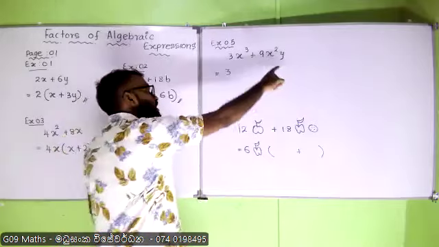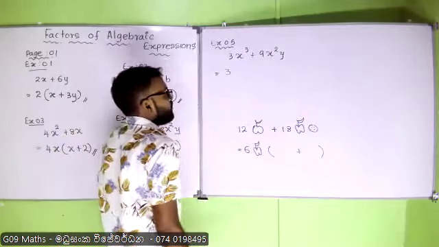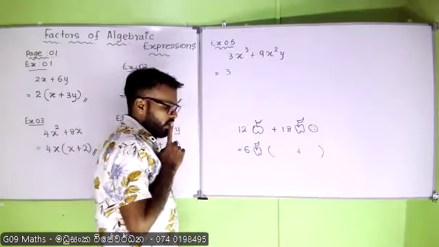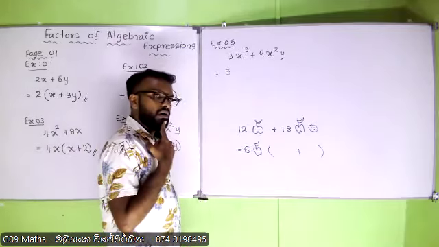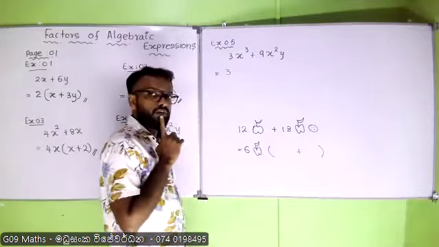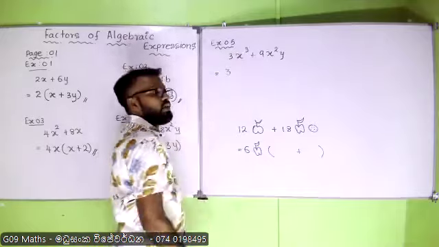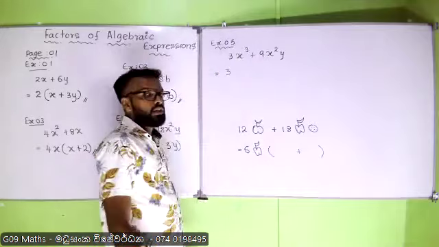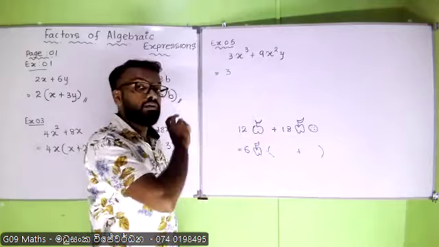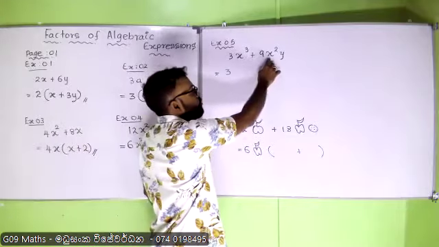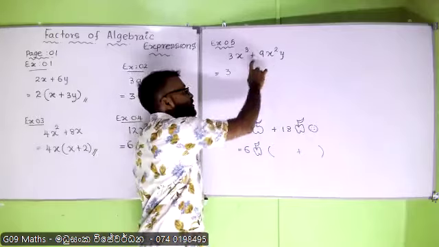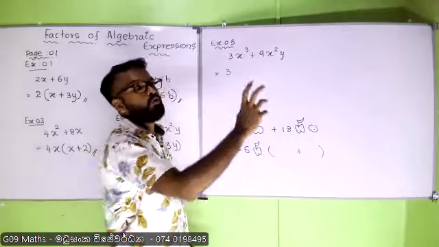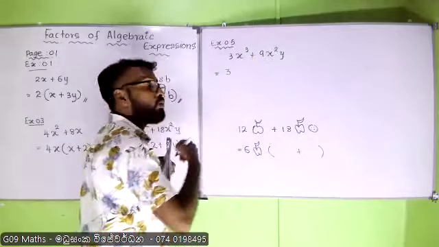Alright, here I have x to the power 2. So algebraic term with the minimum power from x. Here we have x to the power 3. I cannot take x to the power 3 out because we do not have x to the power 3 here. There we have x to the power 2 only. So I am going to take x to the power 2 out from the bracket.